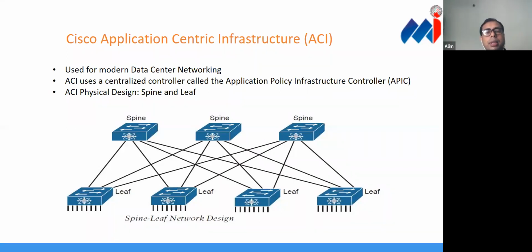So leaves are other devices which are directly connected to different servers or devices or other network systems. Okay, but a spine will not be connected to any external host. They will only connect to leaves. Even spine to spine connections or leaf to leaf connections are not allowed. Okay, so it is interesting.